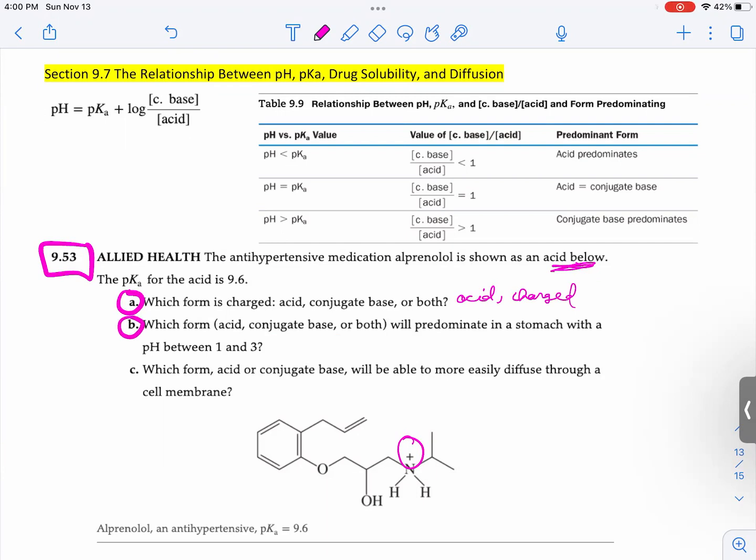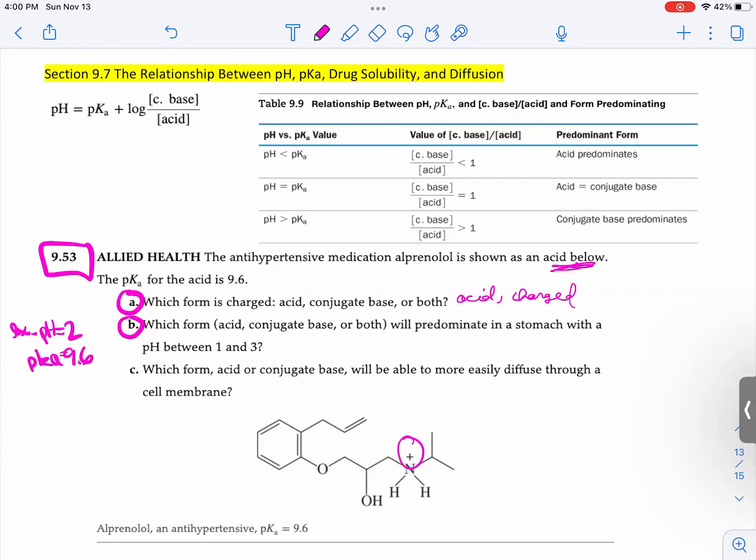Okay, B. Which form, acid, conjugate base, or both, will predominate in a stomach with a pH between 1 and 3? See, it's acidic in the stomach, a pH between 1 and 3. So those are low numbers on that scale. So let's say, for example, if we have a pH of 2 and a pKa of 9.6.